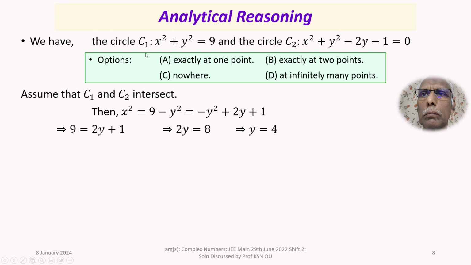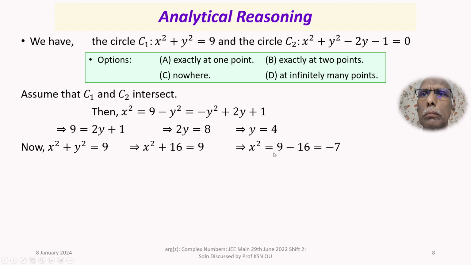Let's go back to the equation of the circle C1. We substitute y is equal to 4 in x square plus y square is equal to 9, and y square will be 4 square, that is 16. Then x square will be 9 minus 16, that is minus 7. Now, do we have a real solution for x square is equal to minus 7?